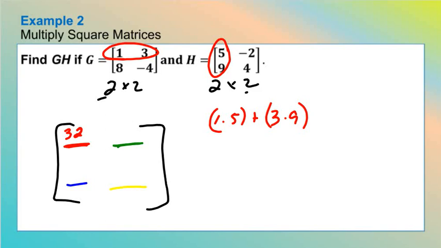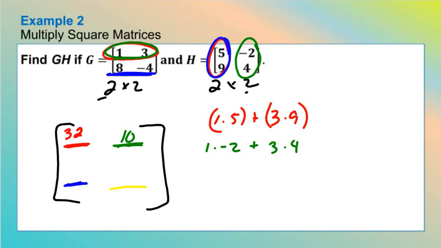Next, this is row 1, column 2. So now I have 1 times negative 2 plus 3 times 4. So negative 2 plus 12 is 10. This is row 2, column 1. So I have 8 times 5 plus negative 4 times 9.